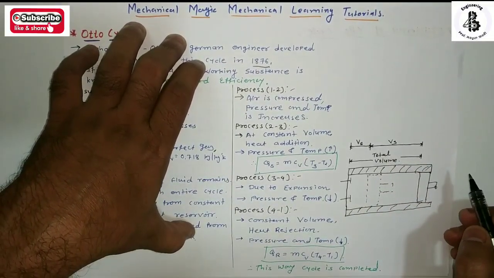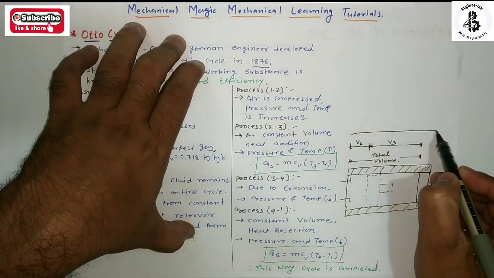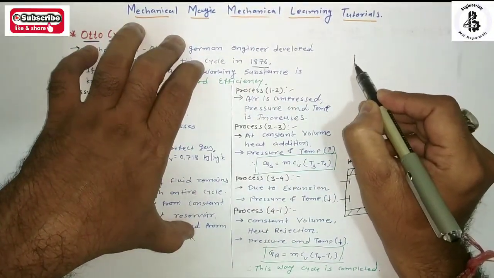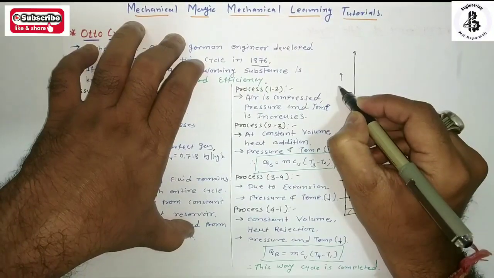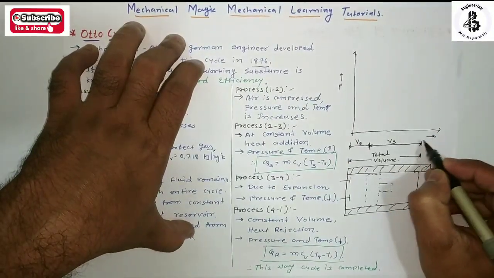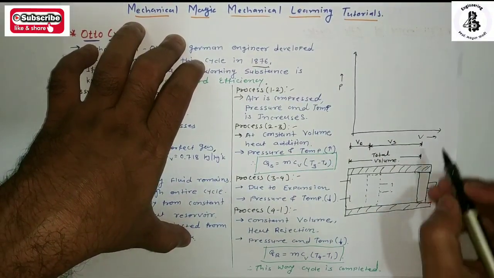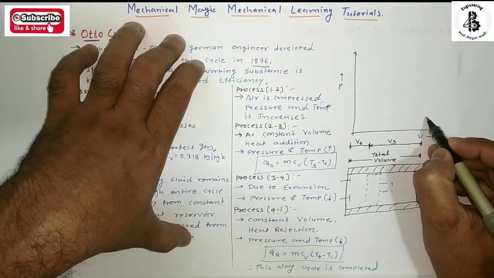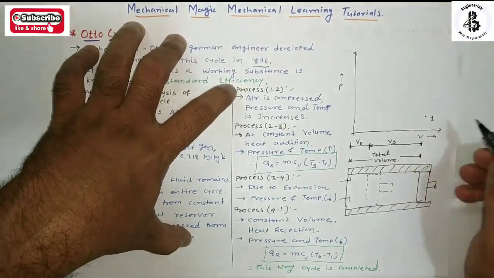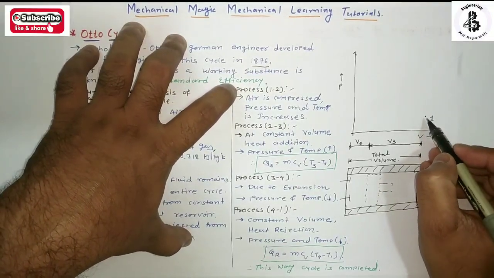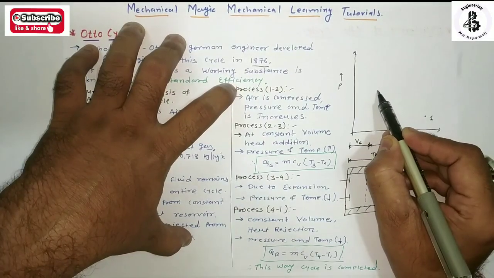So let us see the PV diagram of the same example. Here P, V, and the initial position is point number 1. Then adiabatic, or isentropic, compression.